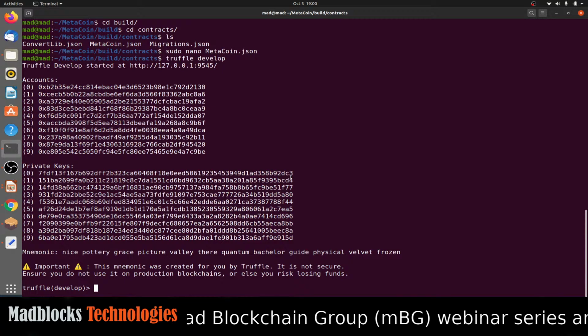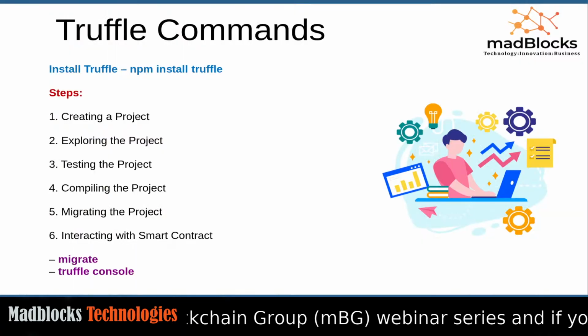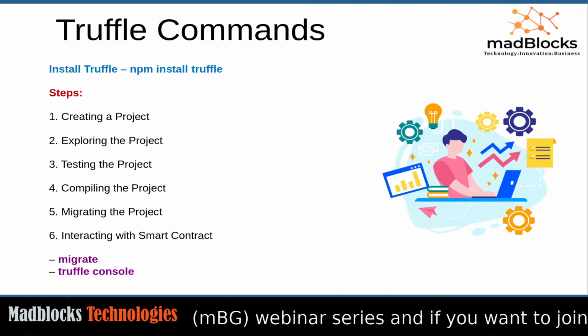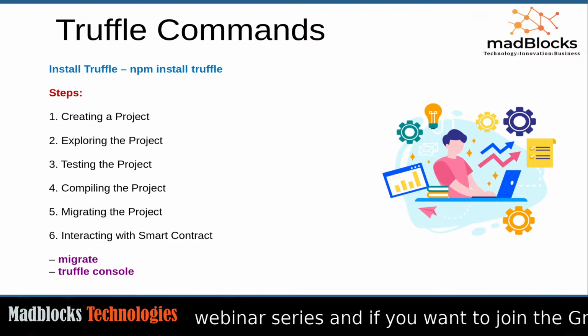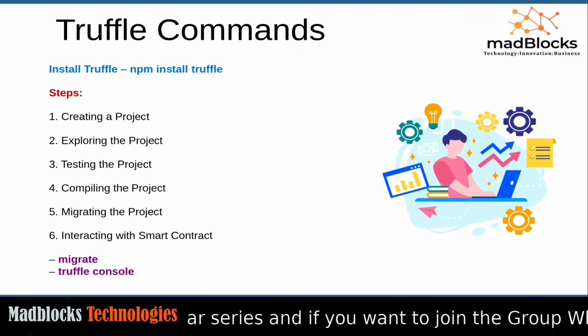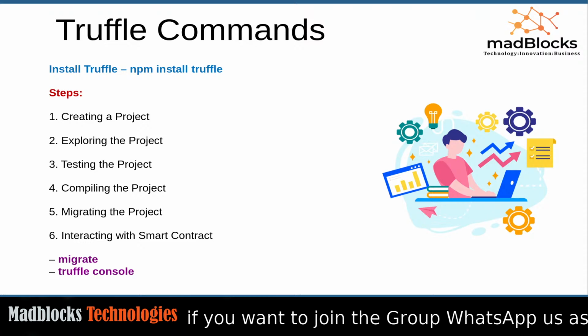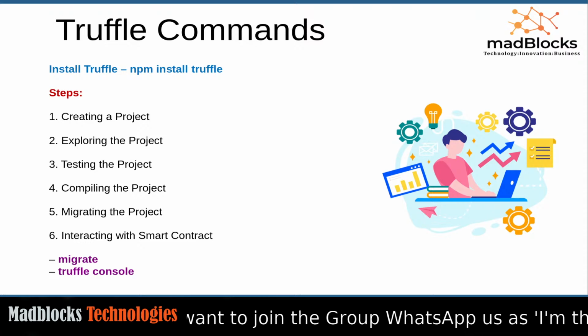Let me jump back. Here what we have to do is type migrate. When you type migrate, the top address, address 0, will be taken into consideration. So let me type migrate on the console.